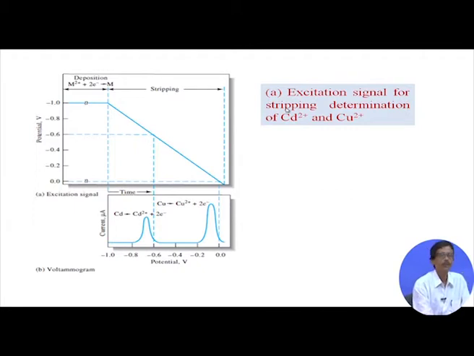For the stripping process we consider these two as the corresponding excitation signals for stripping determination of cadmium 2 or copper 2. This much time you have to spend waiting for the electrolysis for your reduction. Both bivalent cadmium and copper can be reduced.